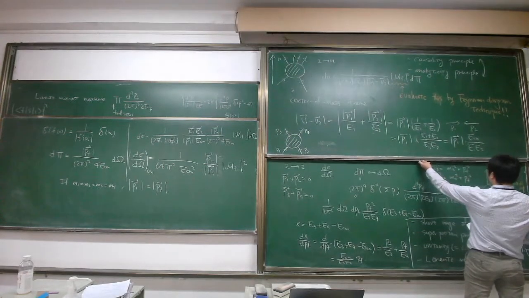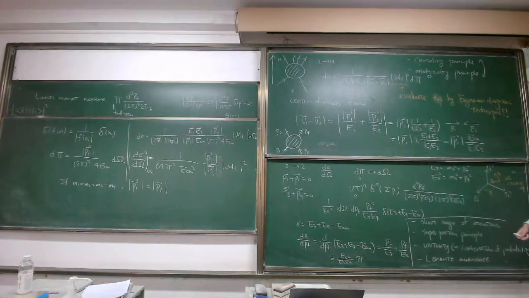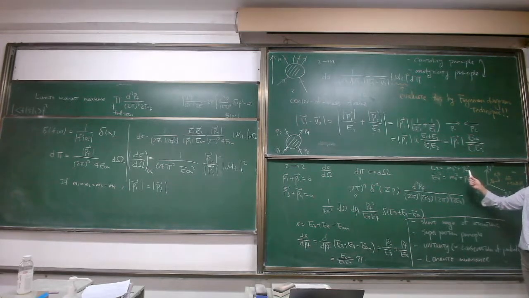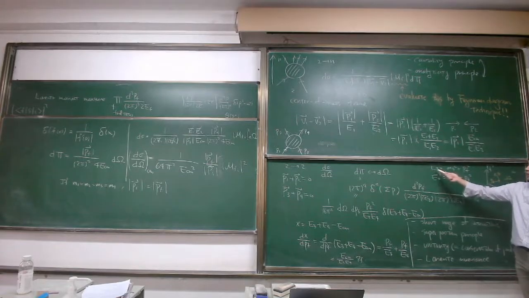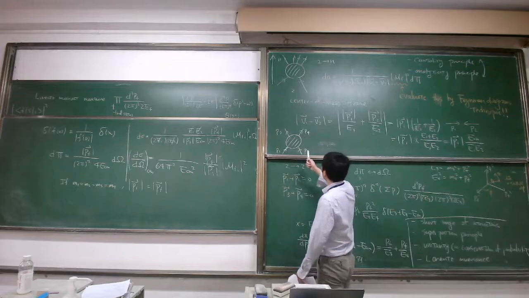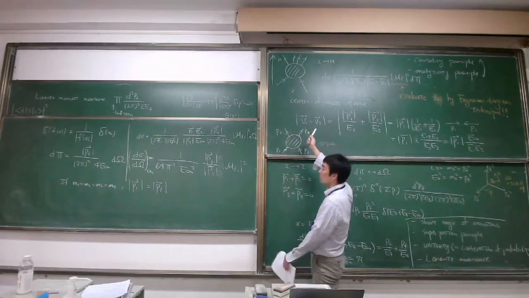Energy depends on mass, so if they have the same mass, P3 and P4, the energies E3 and E4 are the same. Likewise, E1 is equal to E2 equal to E3 equal to E4.